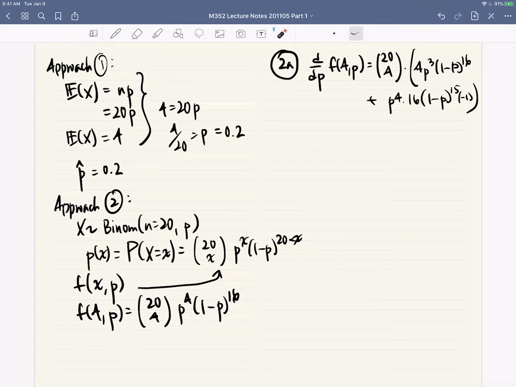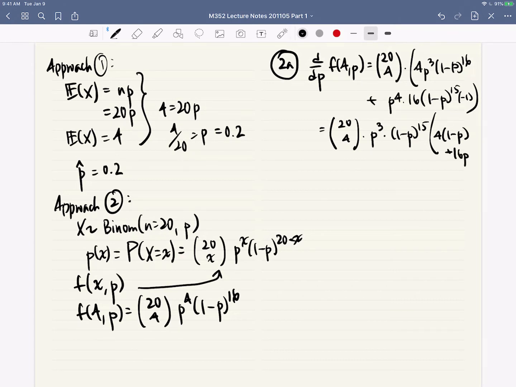Looking at it, you'll see that there's a p to a power and p to a power. And it looks like there's a p cubed I could pull out of everything. And here we've got a 1 minus p to a power and a 1 minus p to a power. And I could pull out a power of 15 on that. So I can rewrite this whole thing as 20 choose 4 times p cubed times 1 minus p to the 15. And then I'm left with 4 times 1 minus p plus 16p.